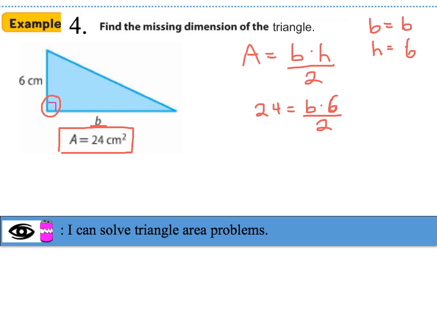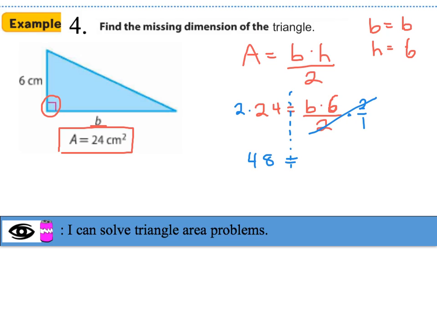Alright, so let's go ahead and solve this problem. To isolate the variable, let's draw our fulcrum down the center of the equal sign. And let's get rid of this 2 on the bottom, so instead of dividing by 2, let's multiply by 2 over 1. But I have to make sure I do it to both sides to keep it balanced. That's an example of using the multiplication property of equality. So on the left-hand side, we have 48.